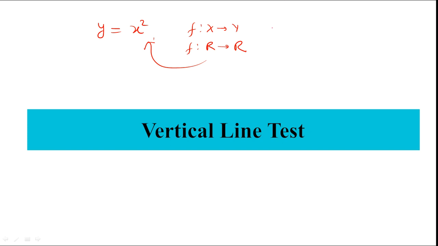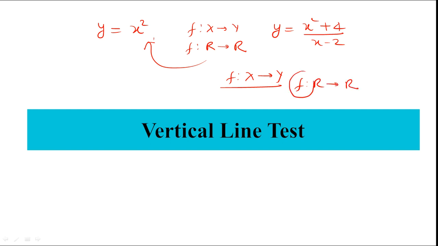In order to make it clear, let me take one more example. Suppose I am considering y is equal to x square plus 4 upon x minus 2, and we want to test whether this correspondence is a function or not, where we are considering both the sets from R to R. Here I have written f, and we are testing whether it is a function or not.